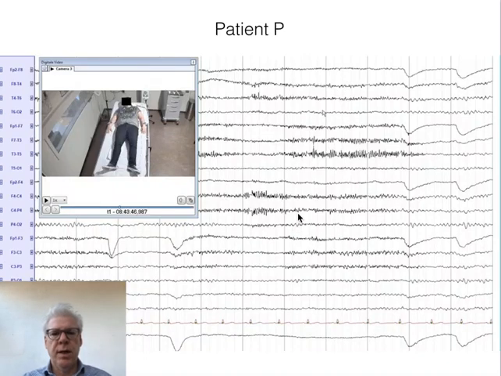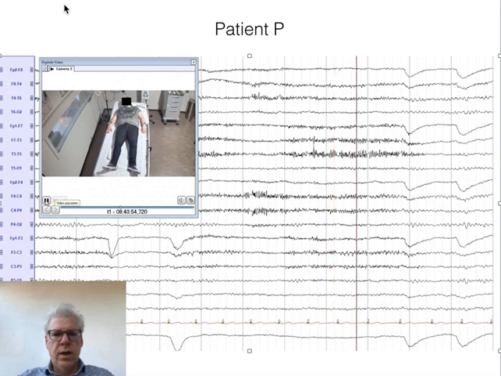Now in closing, another patient we saw at the neurophysiology department that shows an abnormal motor behavior as well. So this again is the EEG, some eye blinks, some EMG. And it's a young patient, a young woman.